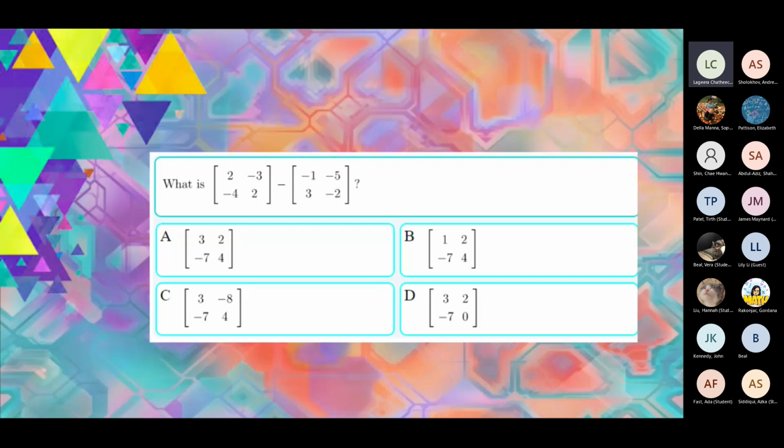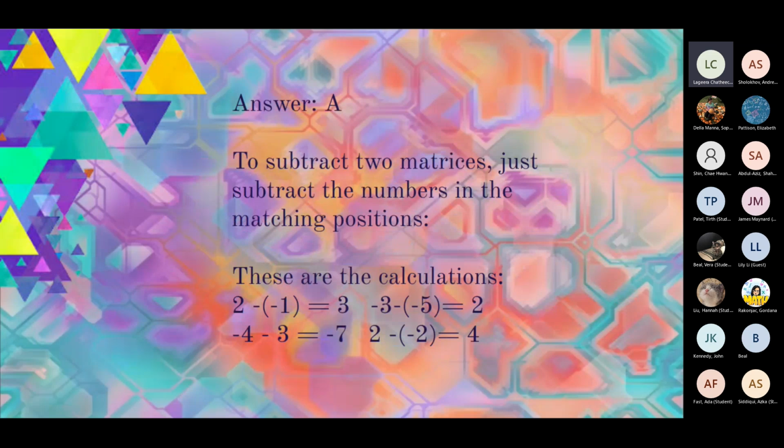So now let's try a subtraction problem. Again, I'll give you a couple of seconds to finish it up before I reveal the answer. So the answer to this problem is as follows.